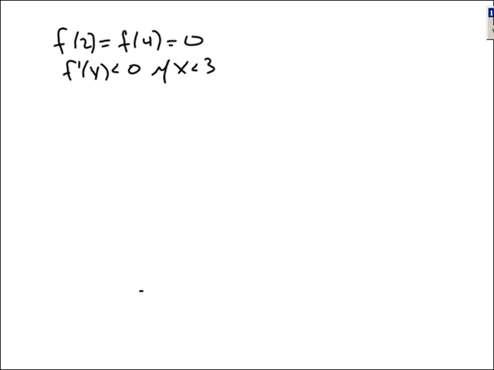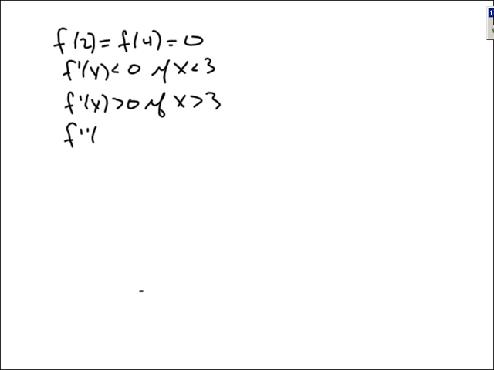Okay, so we want to sketch a function that has these properties. I'm telling you that f of 2 is equal to f of 4, and that equals 0. The derivative is less than 0 if x is less than 3, and the derivative is bigger than 0 if x is bigger than 3.